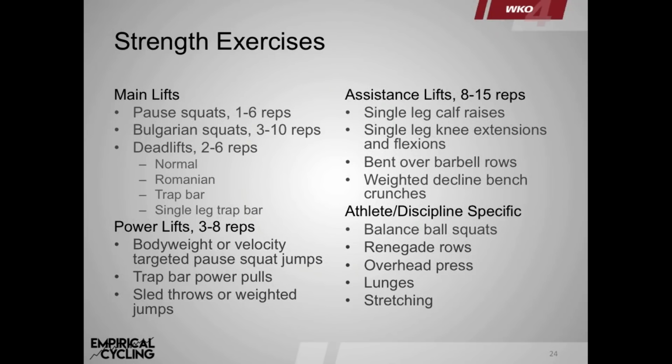At the top of that lift, you're actually in danger of hurting your knees, so what your body does subconsciously is engage your antagonist muscles to slow your movement at the top, and that's what we don't want to do. We want to maintain our triple extension velocity as fast as possible for as long through that extension as possible. With jumps, we get a lot less antagonist recruitment. So for me, those are the proper power lifts.